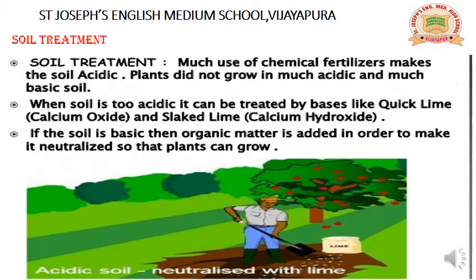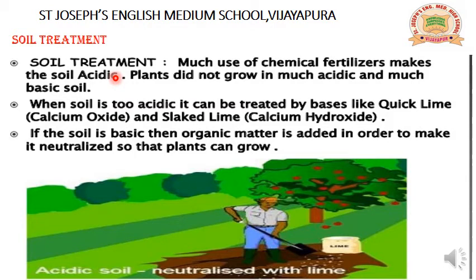How is the soil treated? Soil treatment: much use of chemical fertilizer makes the soil acidic. Already we know NPK and many different types of chemical fertilizers are used for the soil to get more yield, because nowadays farmers are using more scientific methods to get more yield and more profit, right?